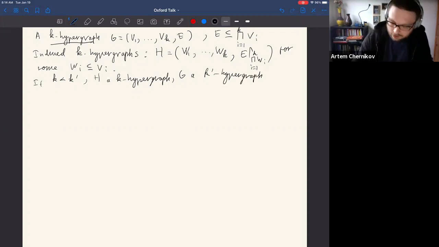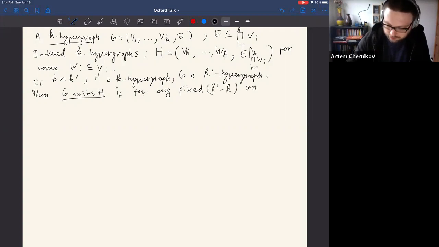Okay. Then we will say that G omits H if for any fixed k prime minus k coordinates.